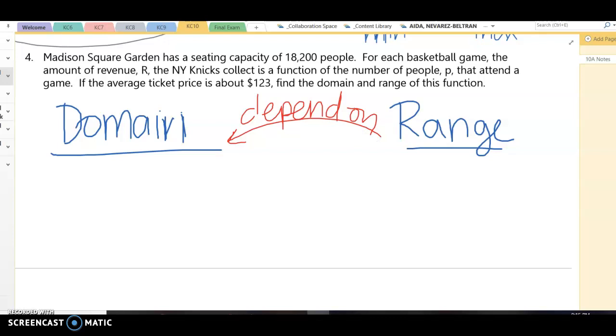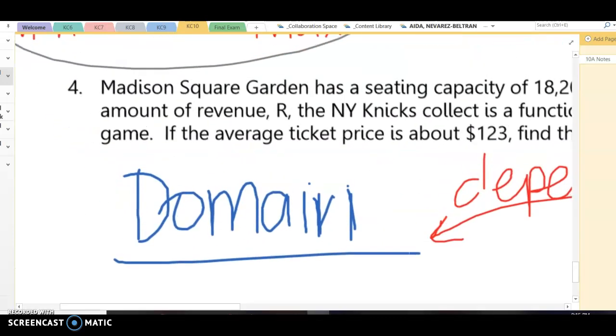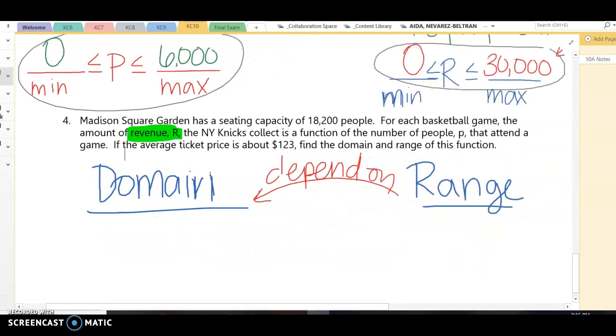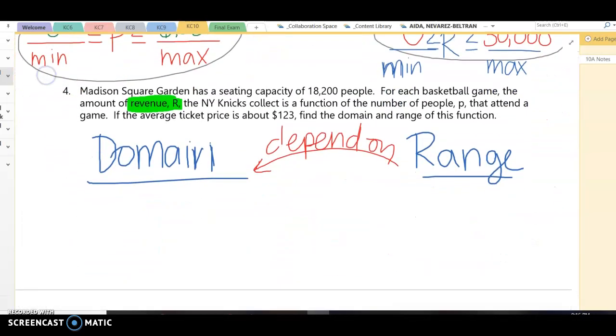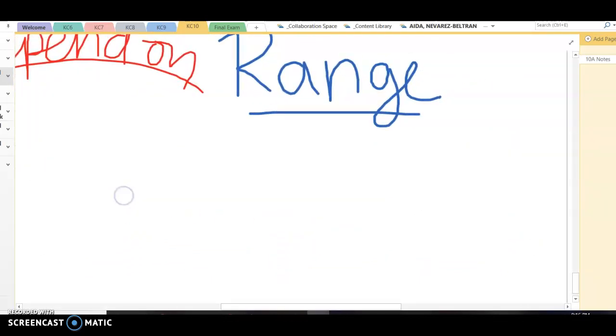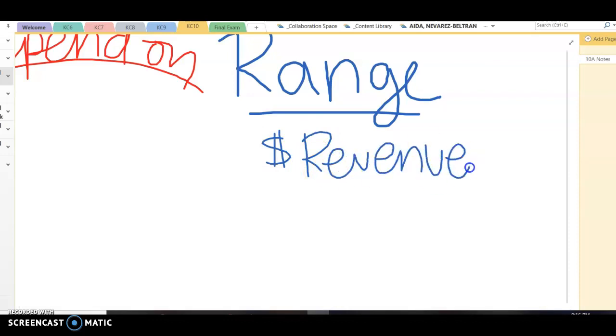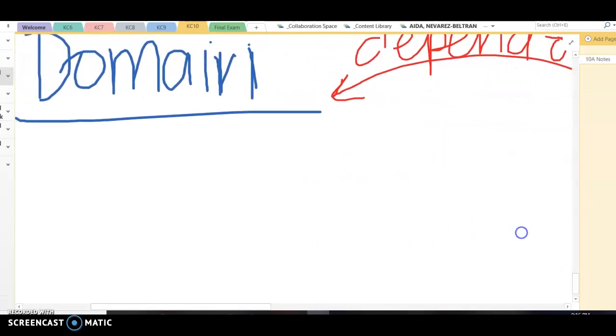Again, we're using this word revenue, which means the amount of money that you make. Does the number of people depend on the money, or does the money depend on the people? It's pretty much the exact same as the last one. So the amount of money you make, your revenue, depends on the number of people that go to a game.